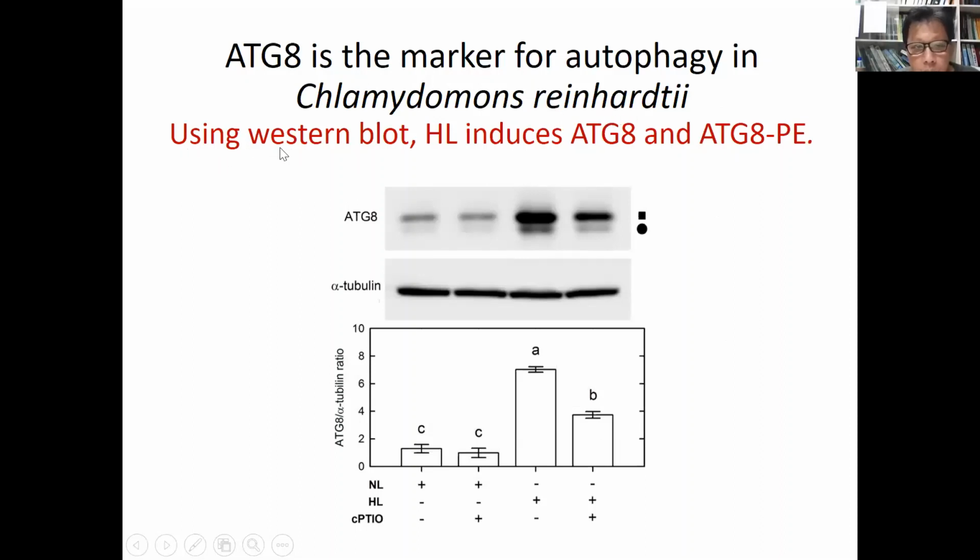So we use Western blotting to test its expression under high light, and we find that high light can induce ATG8 and ATG8-PE levels, and this increase is decreased by cPTIO. This confirms that this induction is caused by the NO.